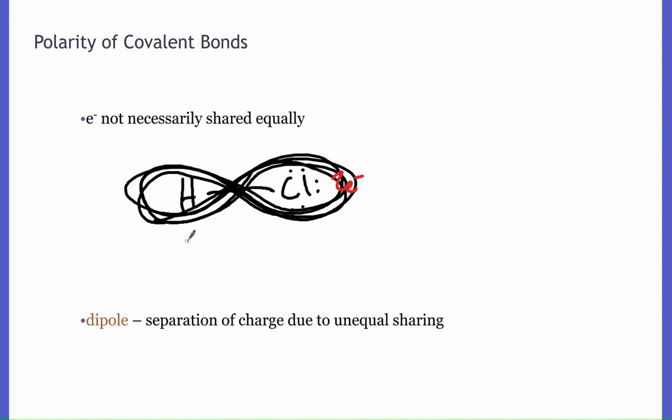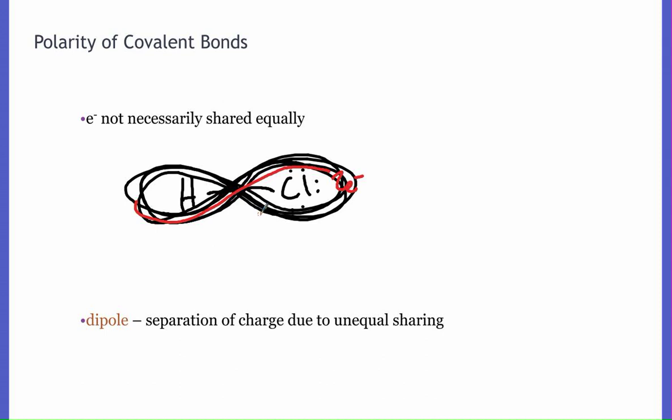So when they do end up on one side versus the other, that actually ends up giving you a partial charge, right? So right now the chlorine has both of those electrons in that shared pair around it. That chlorine is going to end up with a partially negative charge. Whereas in the next instant, those two electrons will move back over to the other side around the hydrogen, and the hydrogen will have a partially negative charge, right?